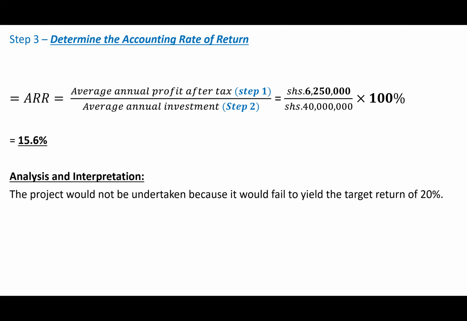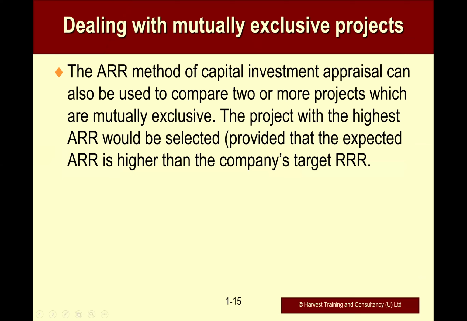We have a further discussion here in regard to dealing with mutually exclusive projects. And here we're saying that the accounting rate of return method of capital investment appraisal can also be used to compare 2 or more projects which are mutually exclusive. The project with the highest accounting rate of return would be selected, provided that the expected accounting rate of return is higher than the company's required rate of return.